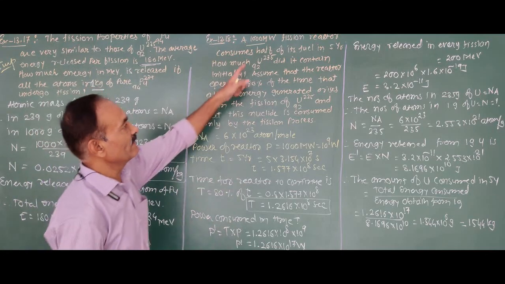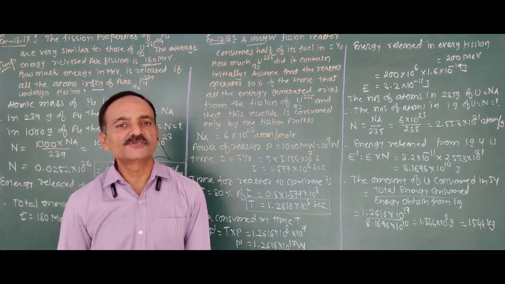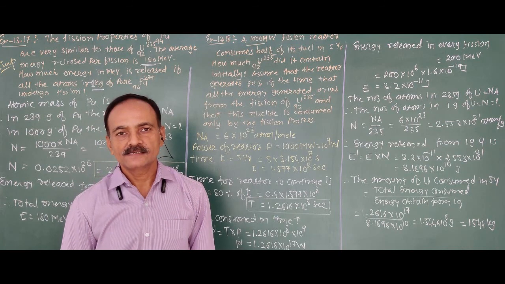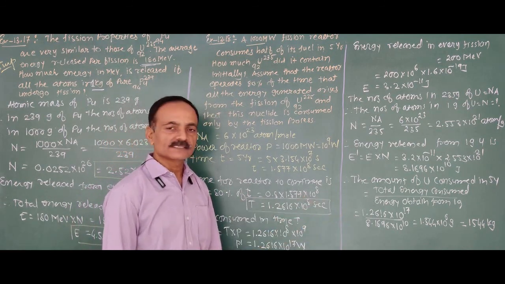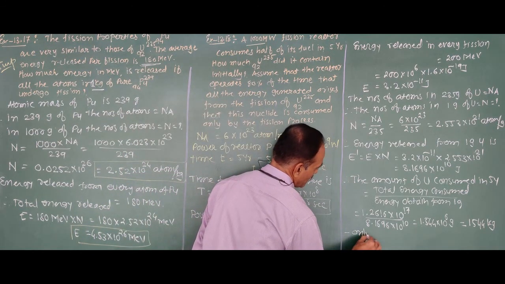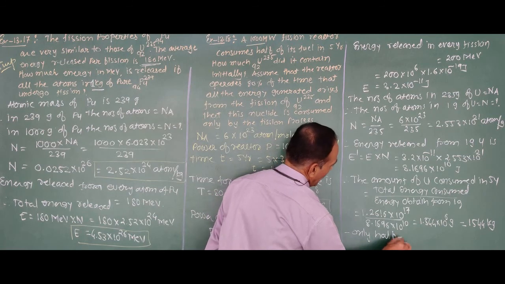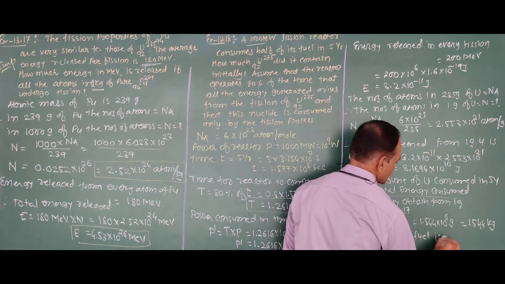But initially it is given that half of the fuel is consumed in 5 years. Therefore, the initial amount of uranium is double of this. Now listen, only half of the fuel is consumed.